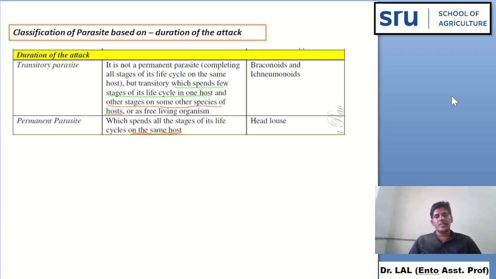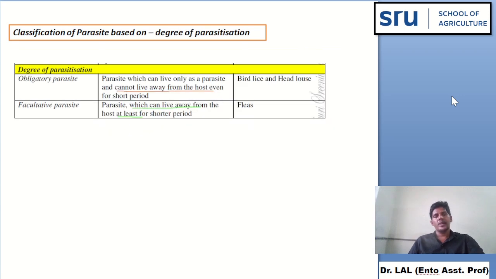Permanent parasites spend all the stages of their life cycle on the same, single host. Example, head louse. Head louse is a permanent parasite.